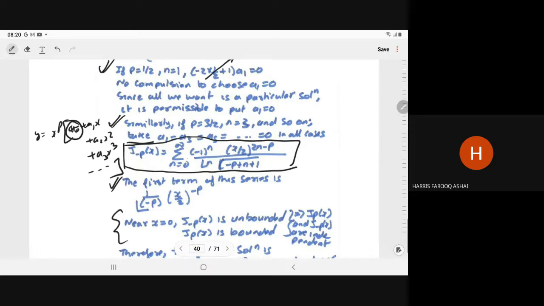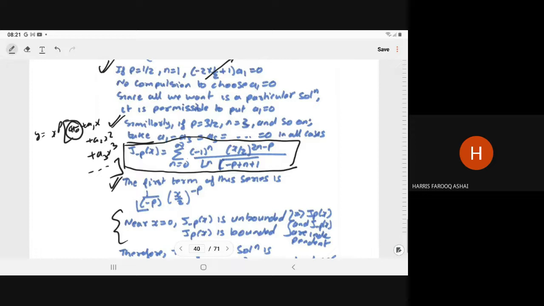So if you assume near x is equal to 0, J of minus p is unbounded and J of p is bounded. It means both are linearly independent, since the first term is different for J p and J minus p. The first term of J minus p is unbounded because here we have 1 upon x to power p, and p is always positive, so that will give infinity near x is equal to 0.